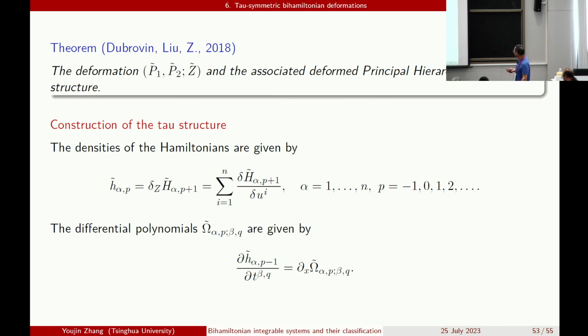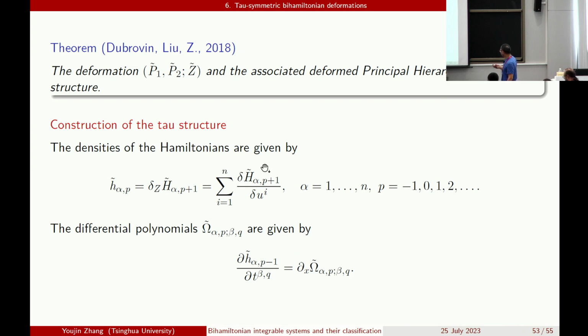And with their construction of the density Hamiltonian, we can define the tau functions.